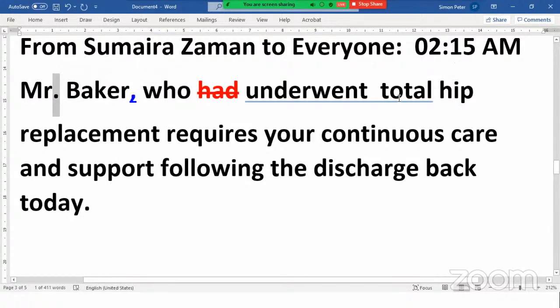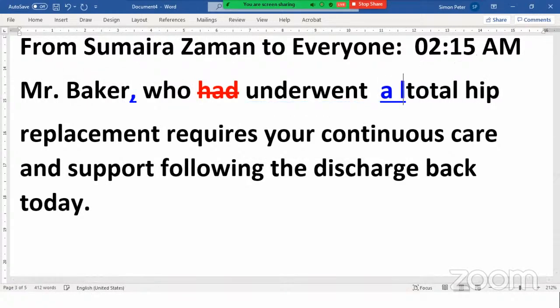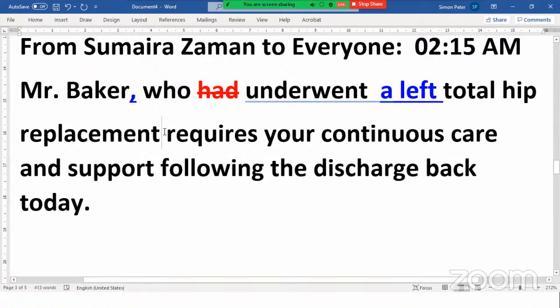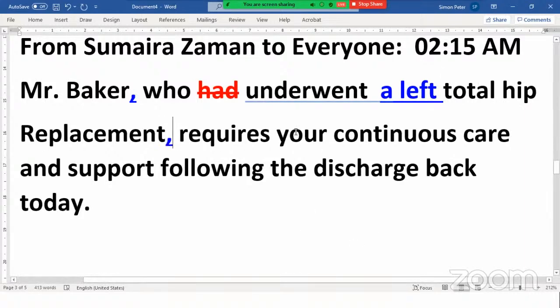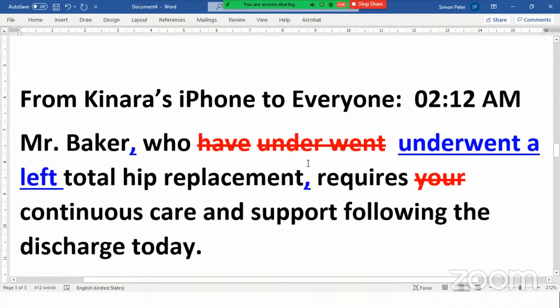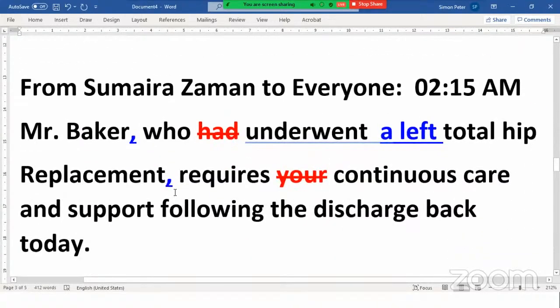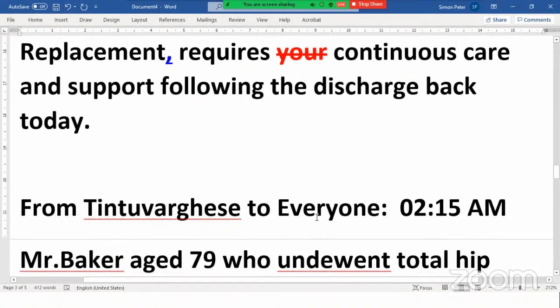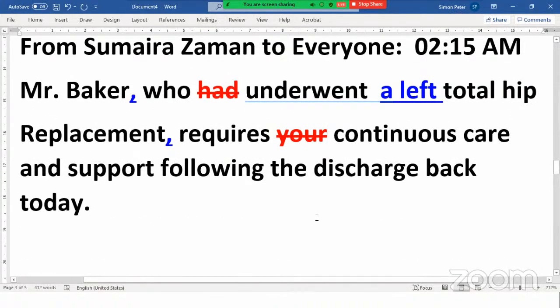Mr. Baker, who underwent a left total hip replacement, comma, requires continuing care and support following the discharge back today. So if you're learning from others, very good, excellent.